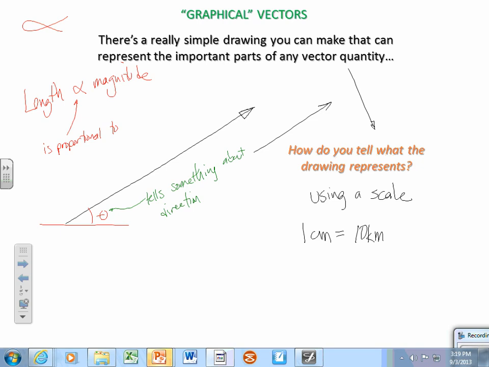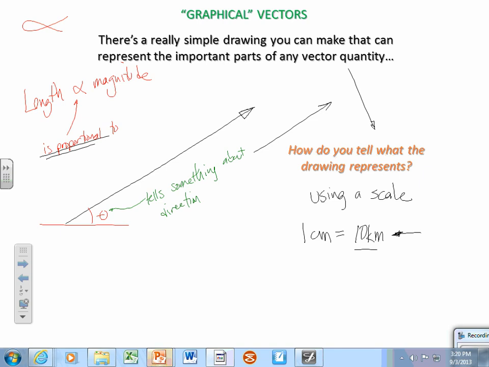Now, if I were to use a ruler, I could measure how many centimeters long that vector is, and therefore using this proportionality, scale, notice we said the length is proportional to the magnitude of the vector. If it's an 8 centimeter long vector and every centimeter represents 10 kilometers, that represents an 80 kilometer displacement.